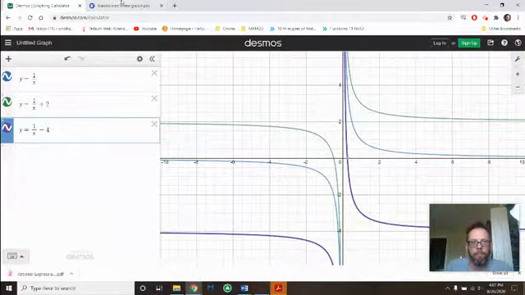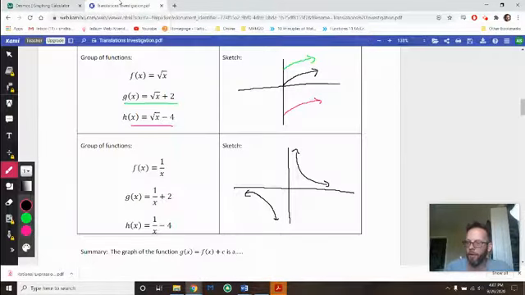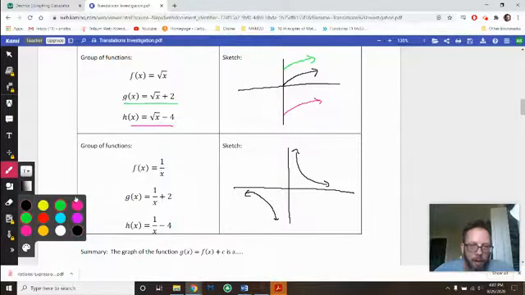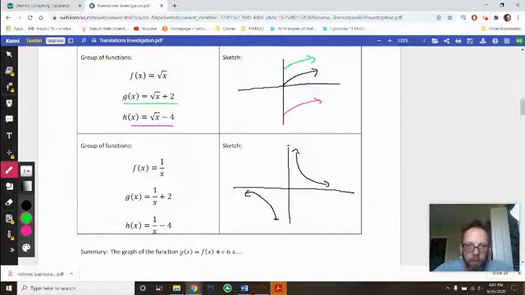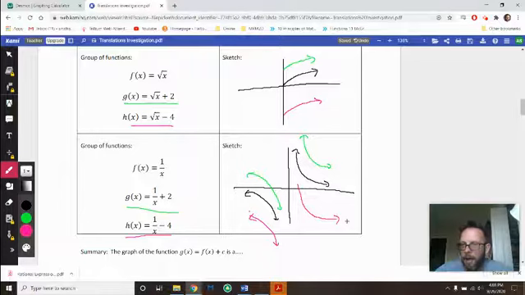All right, and it's my hope that you could predict what those were going to look like and what was going to happen even before we did it. So 1 over x plus 2 roughly looked something like that. And 1 over x minus 4 something like that, loosely speaking.